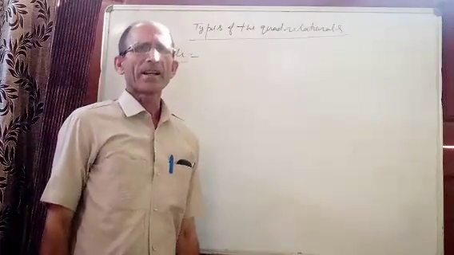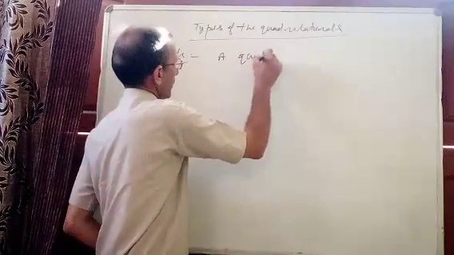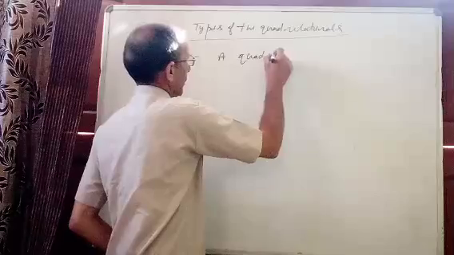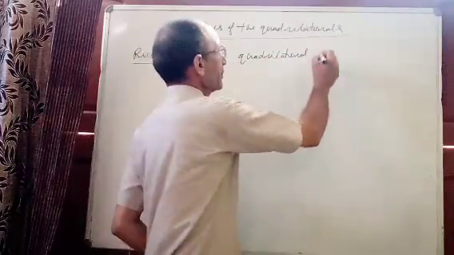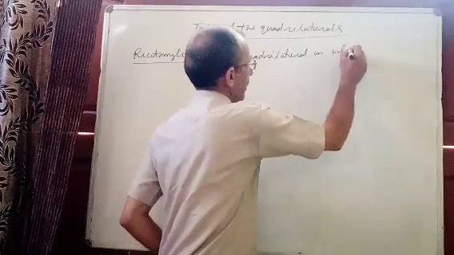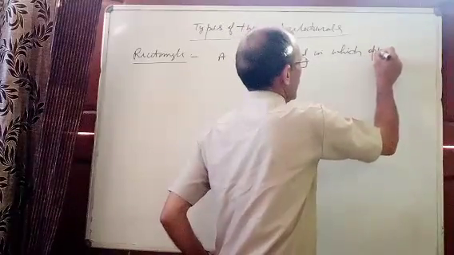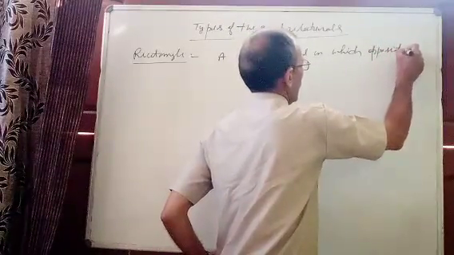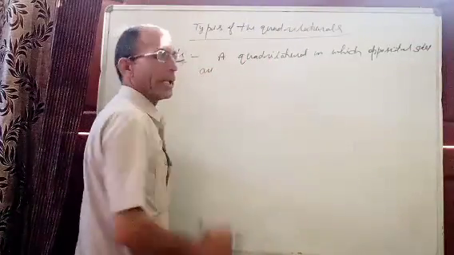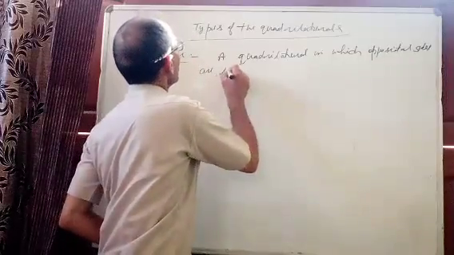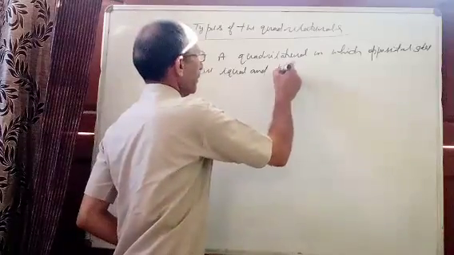Rectangle. What is a rectangle? A quadrilateral in which opposite sides are equal and parallel.